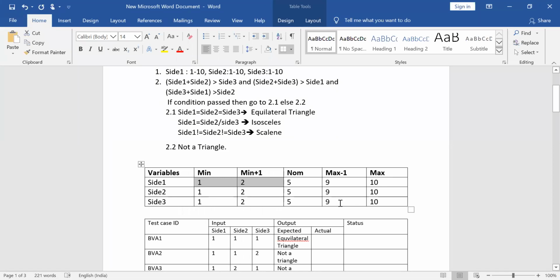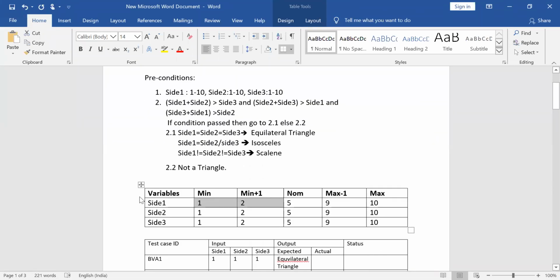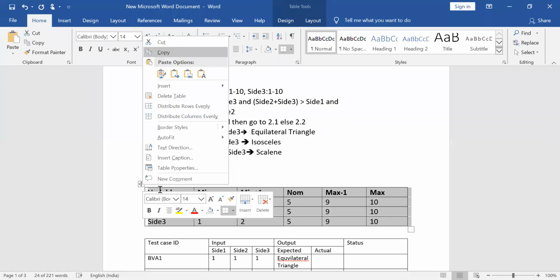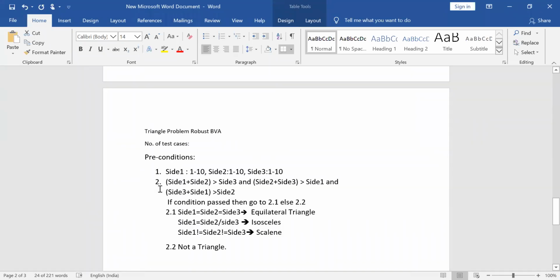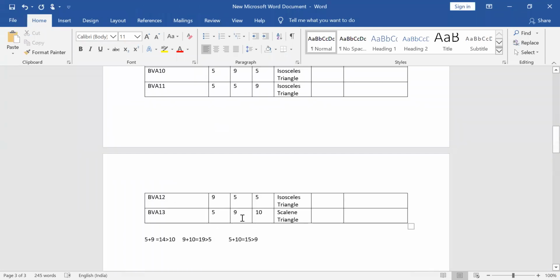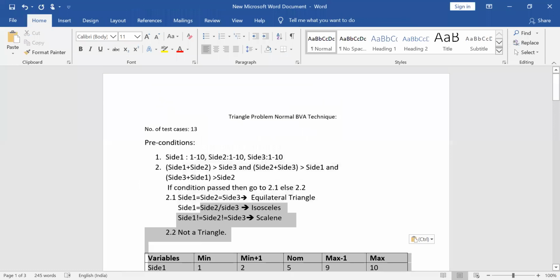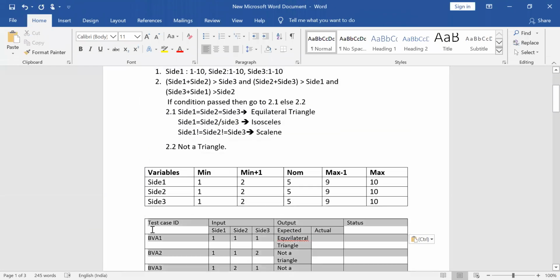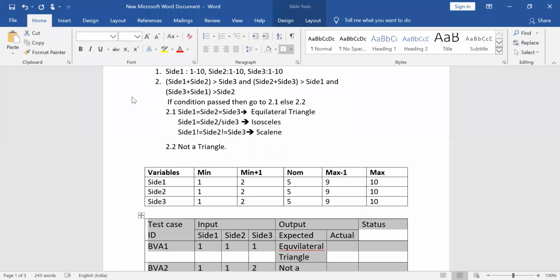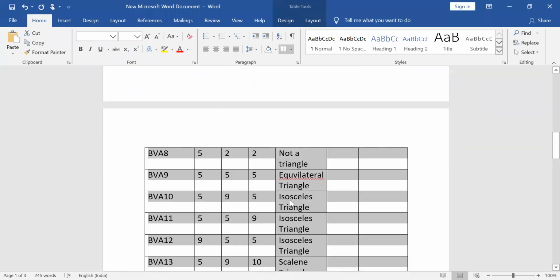In a similar sense, just copy the same table. I won't construct it once again. Is it visible now, all of you?